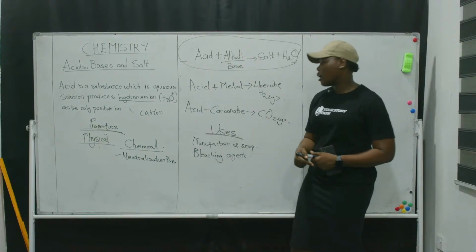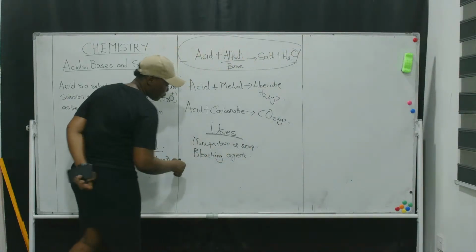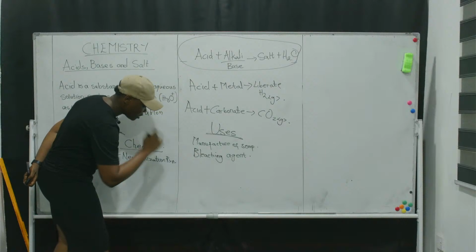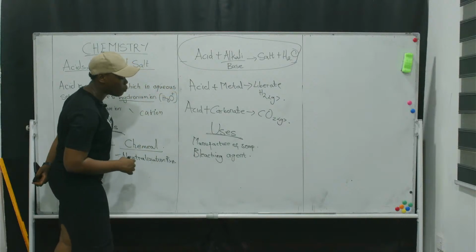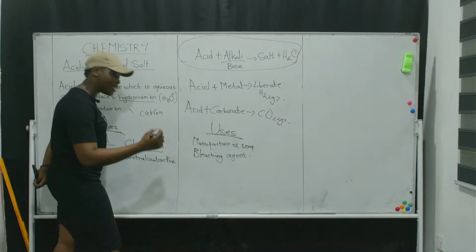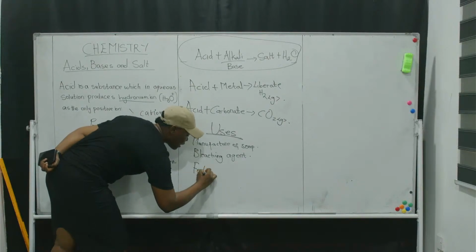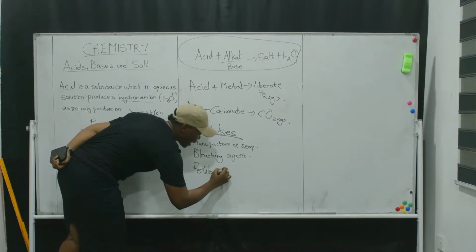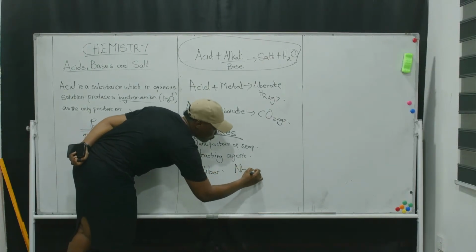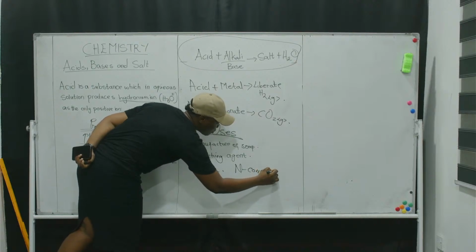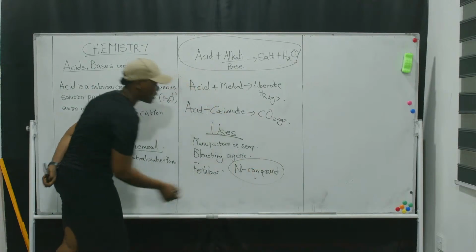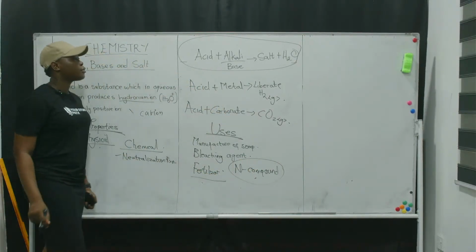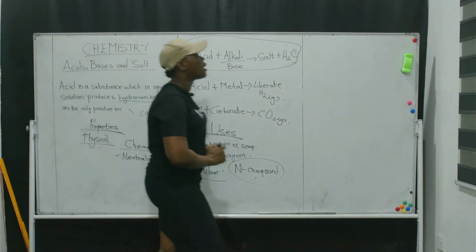Even nitric acid can be used in the manufacturing of urea, also fertilizer. That means acid that has nitrogen compounds can be used in the manufacturing of fertilizer. Okay, I think we are good on that note.